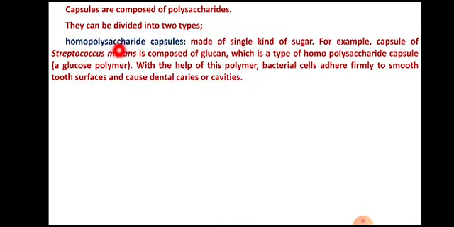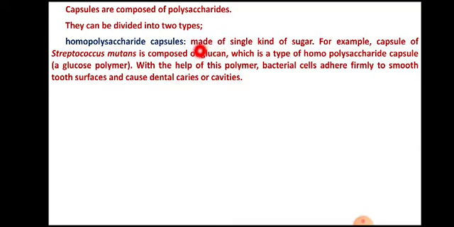We know that a polysaccharide is a polymer composed of monomers, or sugars, or monosaccharides. When these monosaccharides are of the same type, so the repeating units are the same type of monosaccharide, it is called a homopolysaccharide. So it is made up of a single kind of sugar or monosaccharide.